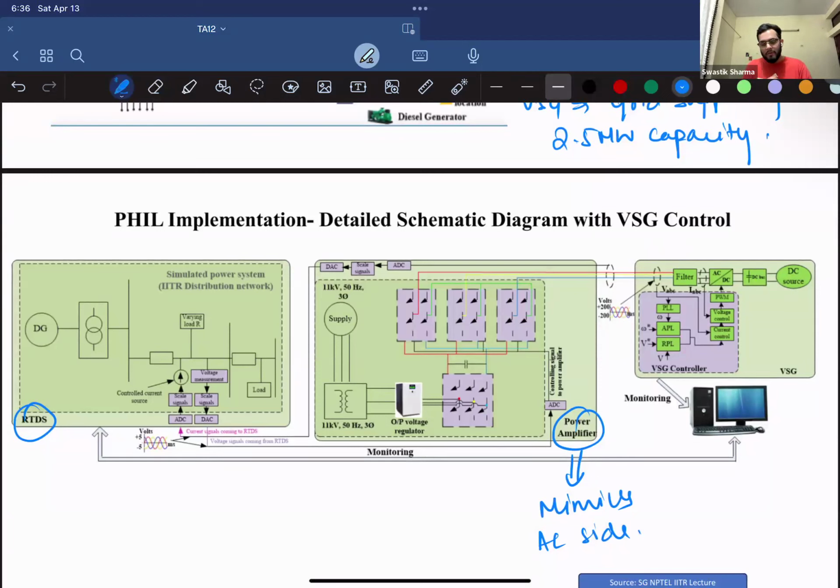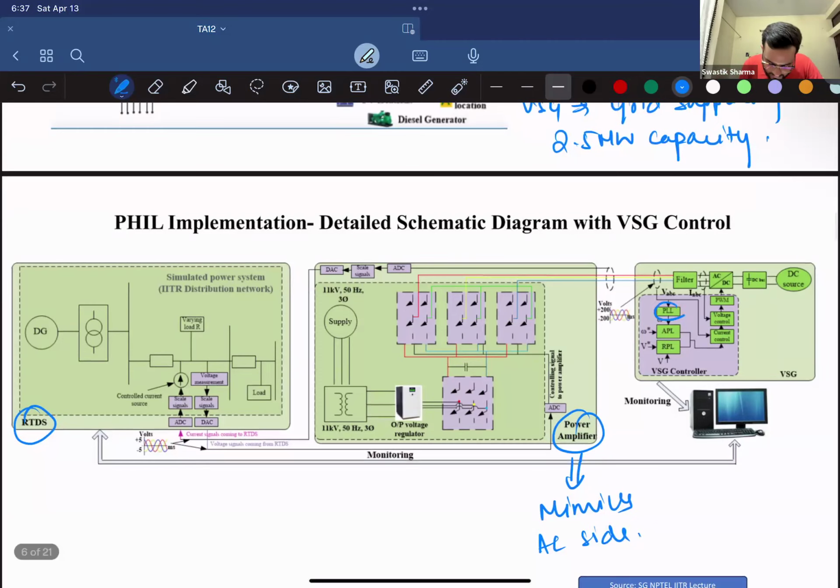The use of a phase lock loop is that any reference that you want to create should be in phase with your utility phase, right? If it's out of phase or out of sync, your control algorithms won't mimic the kind of control you want to have for the system. So for that, you need to have a phase lock loop. After that, they have an active power loop and a reactive power loop.